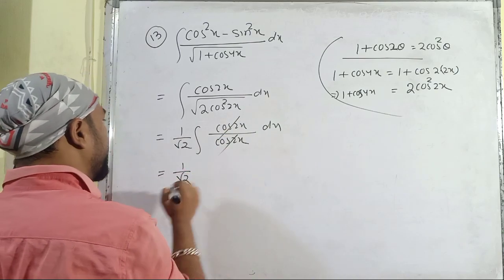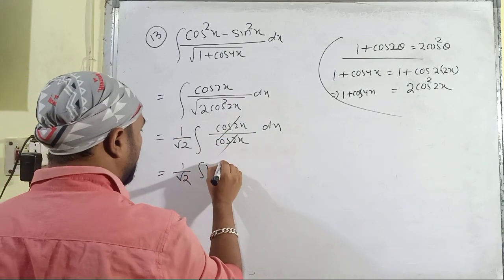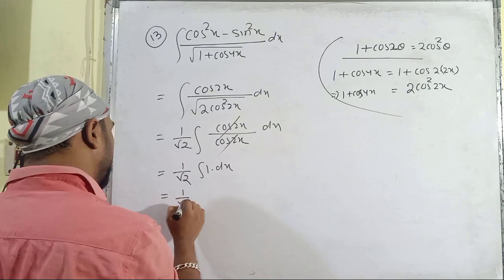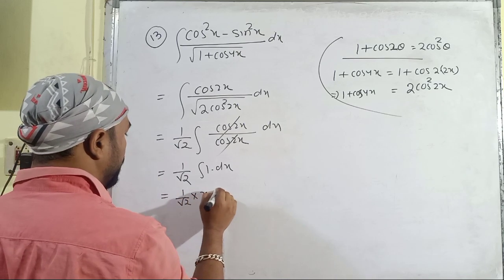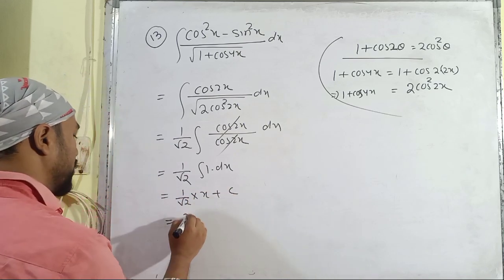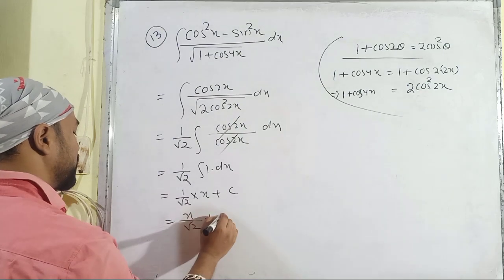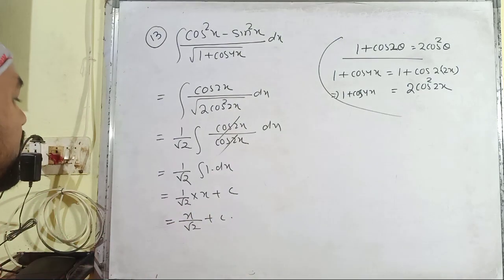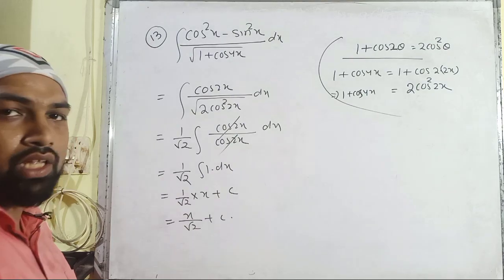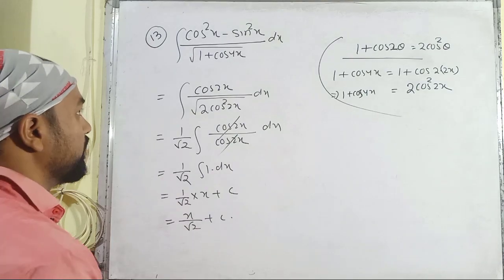It will be 1 upon root 2 times the integral of 1 with respect to x, which is equal to x. So the answer is x upon root 2 plus c. So it is up to problem number 13. Then moving to problem number 14.